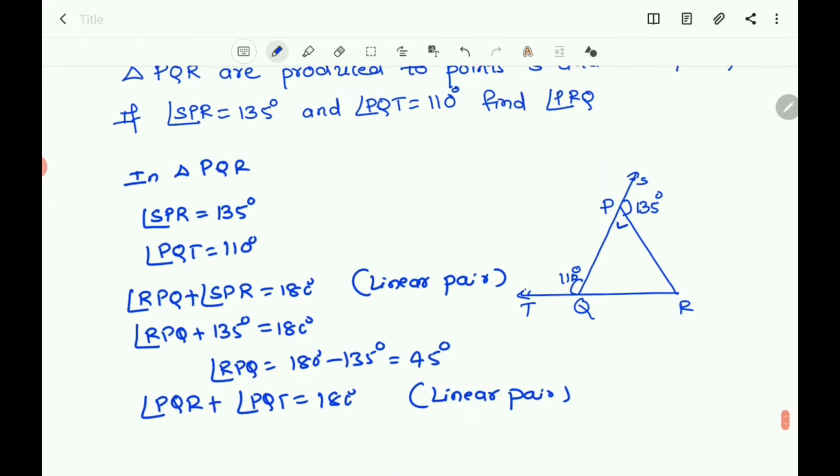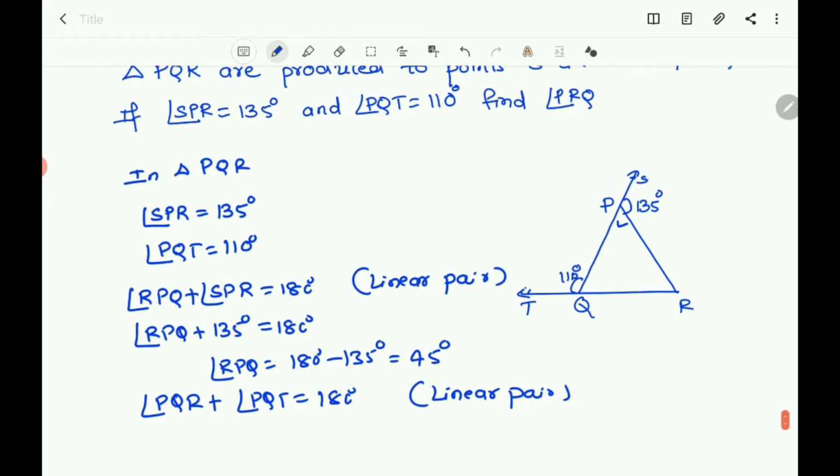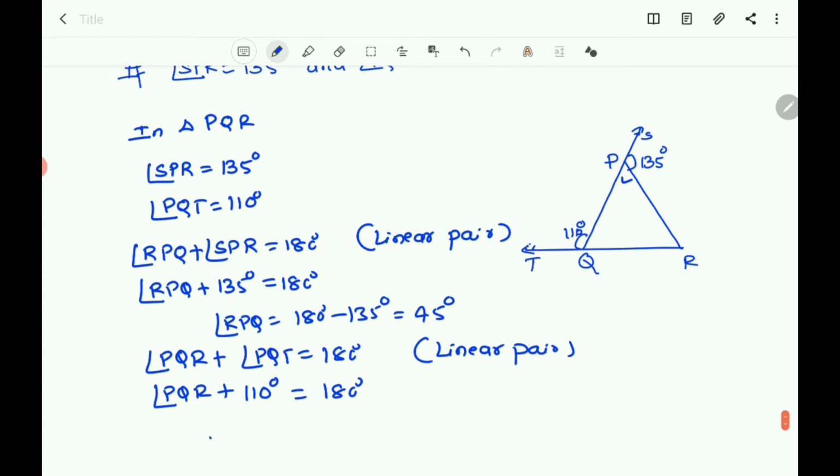And angle PQR plus 110 degree is equal to 180 degree. Therefore, angle PQR is equal to 180 degree minus 110 degree, that is equal to 70 degree.